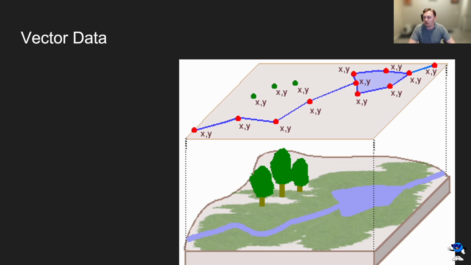Points are defined by a single XY coordinate pair. Lines are defined by two or more XY coordinate pairs. And polygons are defined by lines that close to form the polygon boundaries. In the vector data model, every feature is assigned a unique numerical identifier, which is stored as the feature record in an attribute table.